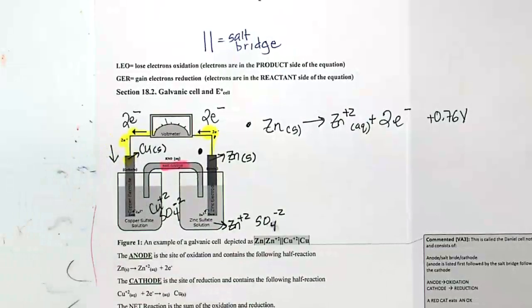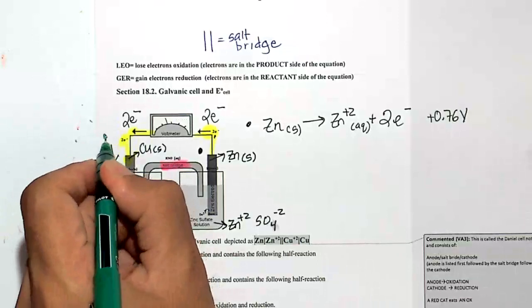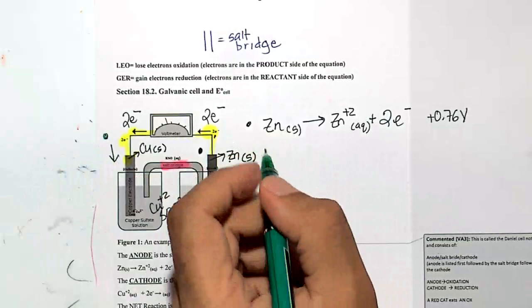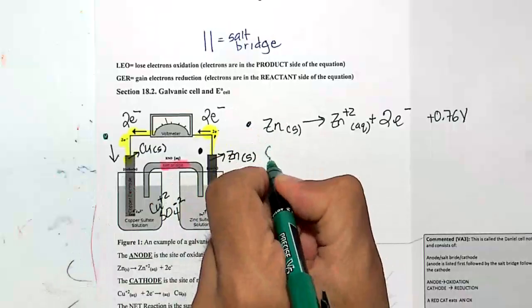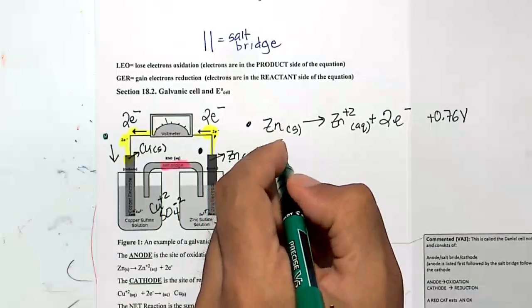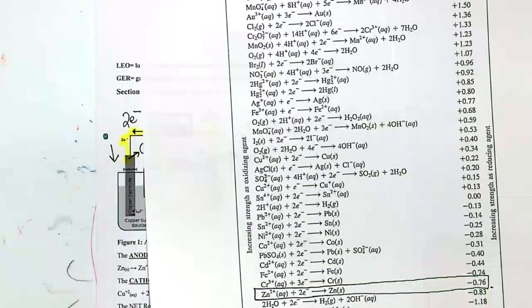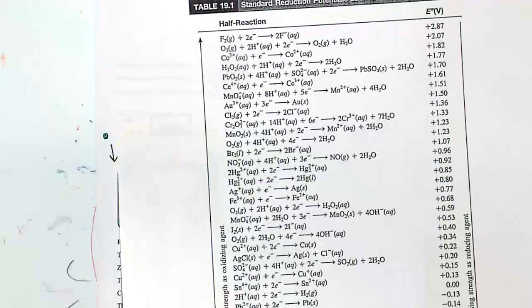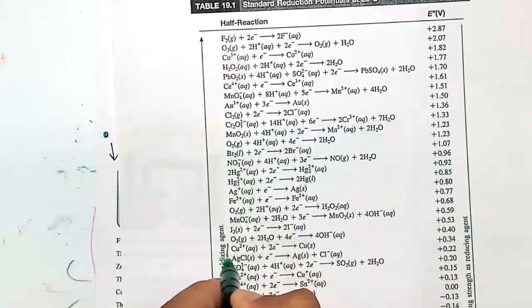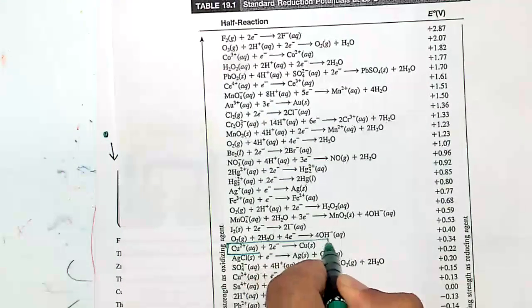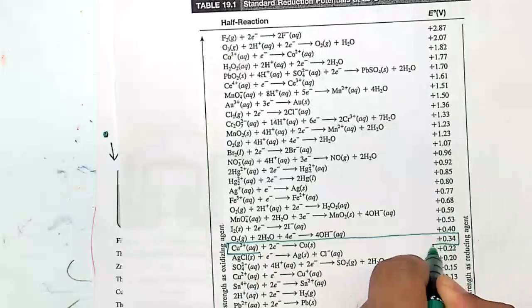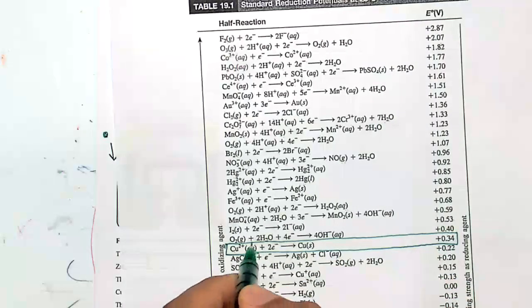What's happening in this diagram on this beaker, the right hand? We have copper gaining 2 electrons. Let's see what's happening here. We have copper plus 2 gaining 2 electrons going to copper solid.